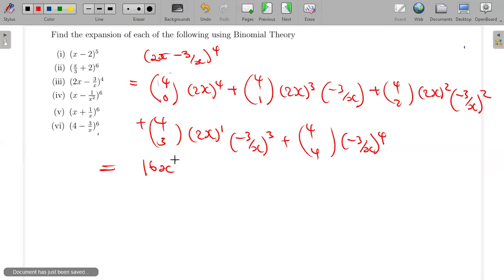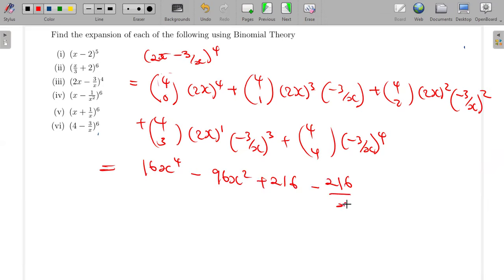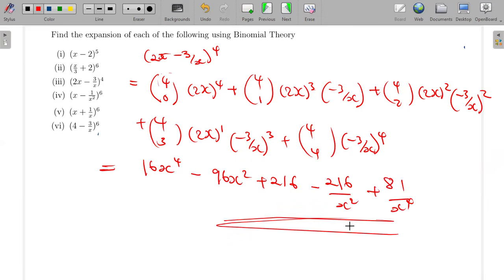You're going to get 16x to the power 4. Then you get a negative 96x squared plus 216, then minus 216 over x squared plus 81 over x to the fourth. So this here is what you're going to get.